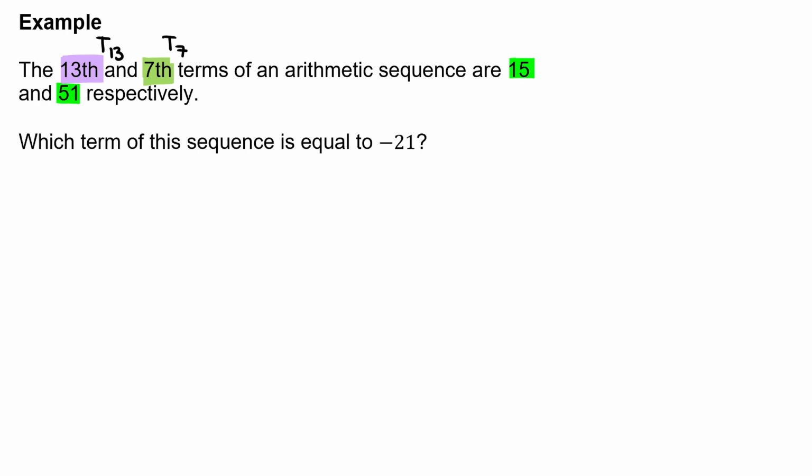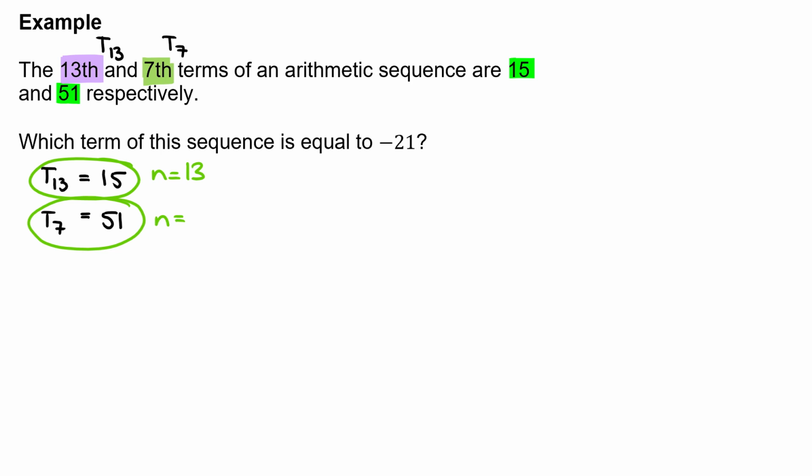So putting that together for ourselves, we can see that T13 is equal to 15 and T7 is equal to 51. And for these values, we know that for the first one, n is equal to 13, and for the second one, n is equal to 7.